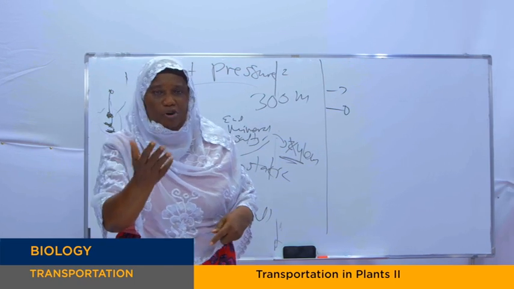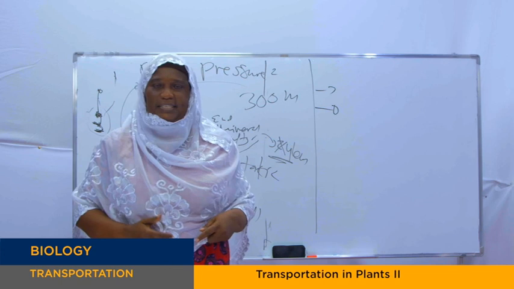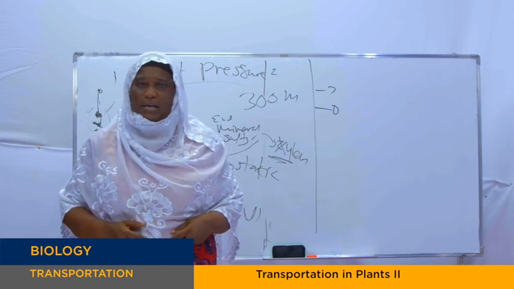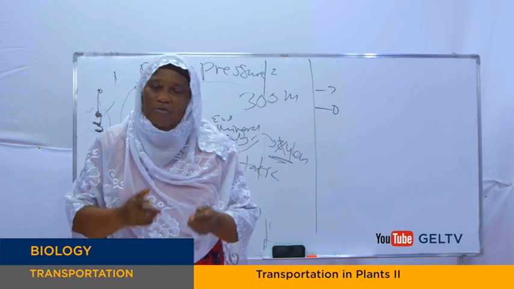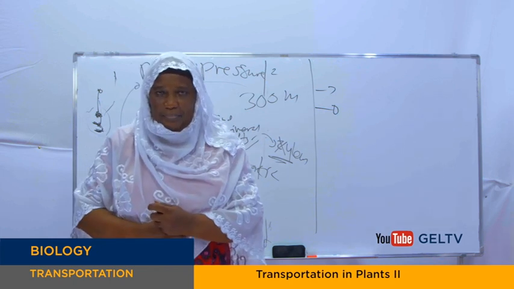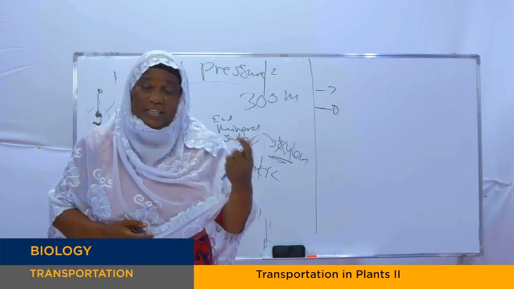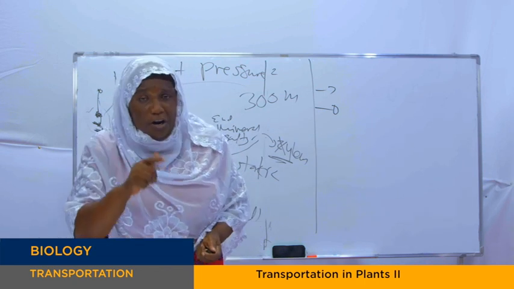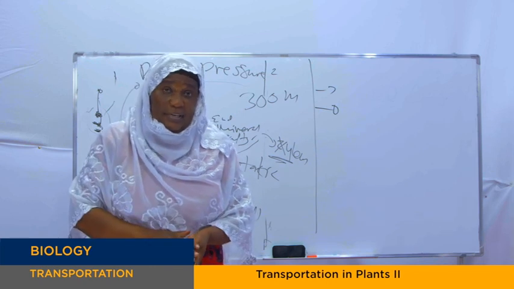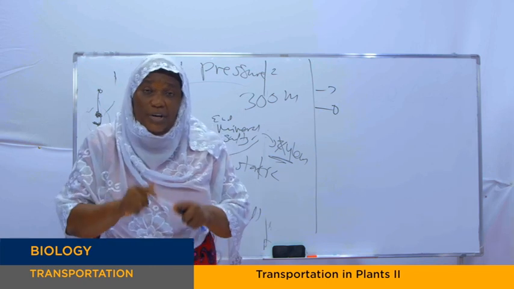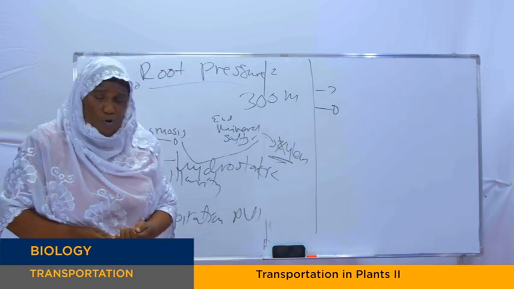The paths which I'm talking about are apoplast, symplast, and vacuolar. Now I'm asking you a question. Are you able to describe those three paths? If yes, it is good. And if no, please don't close your books. Continue to read until you achieve those objectives.